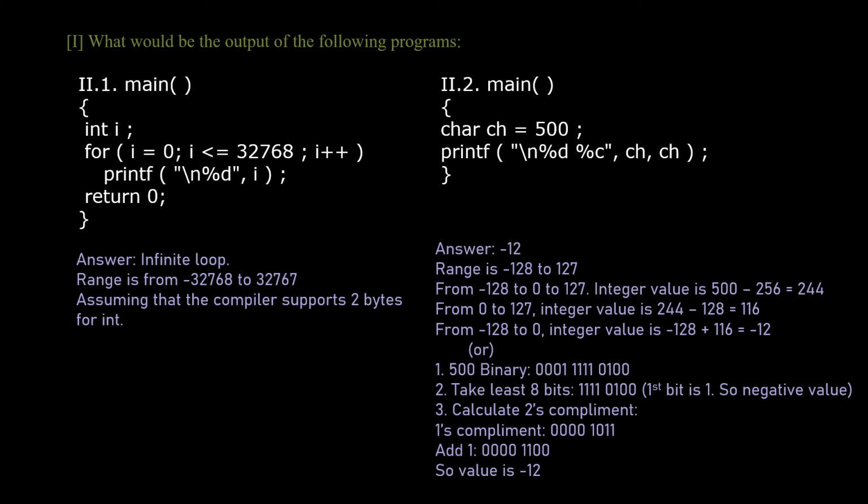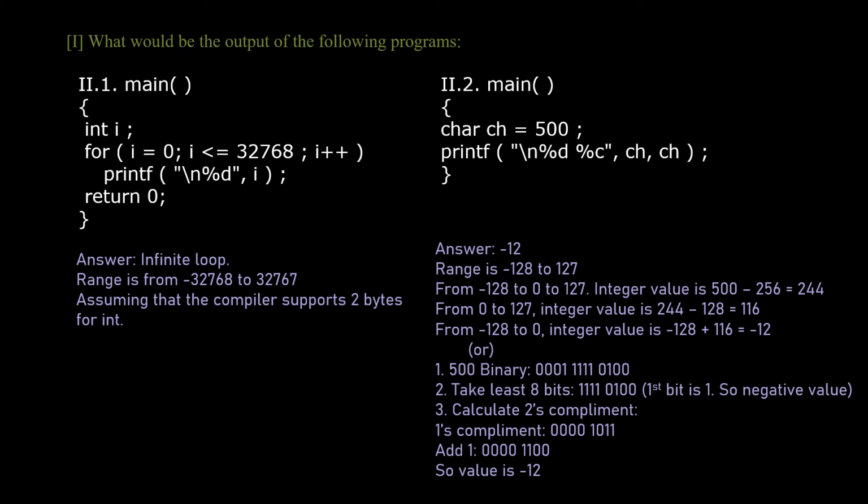Now again do -128 to 0. First, ch can be from -128 to 127, which is 256. So do 500 minus 256 and we have 244 left over. Again 244 is beyond the range of char.